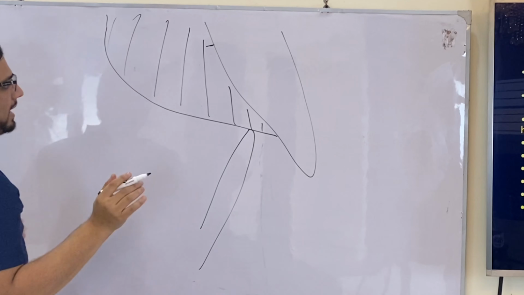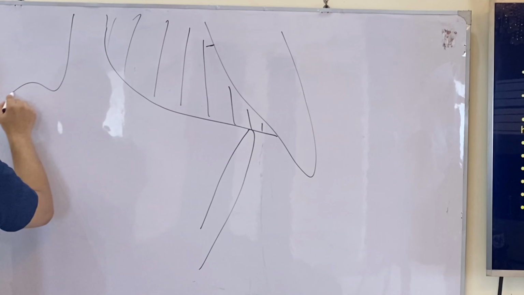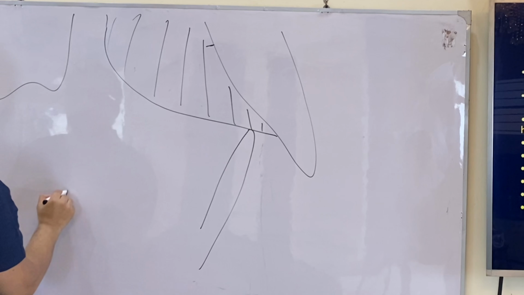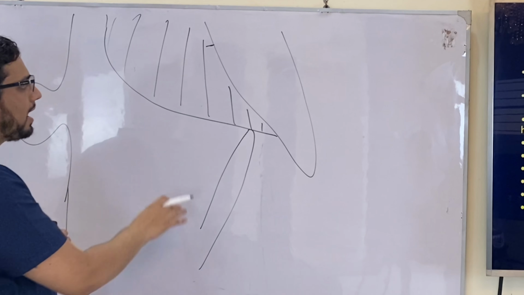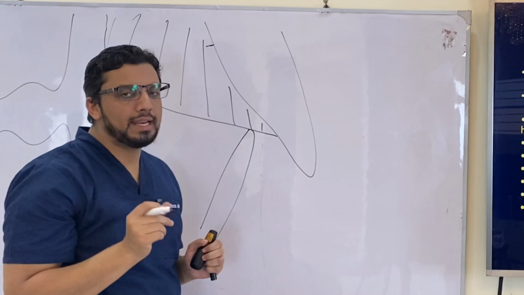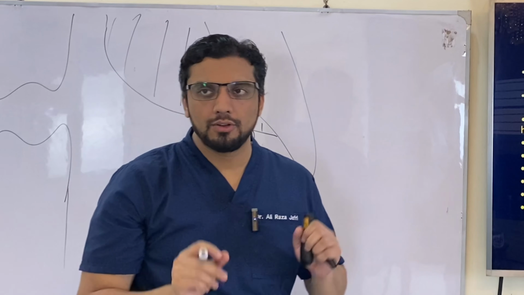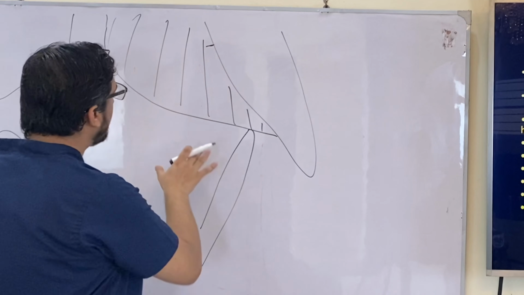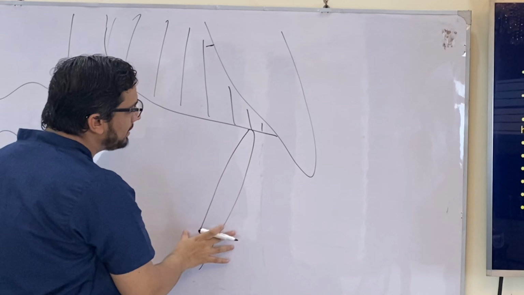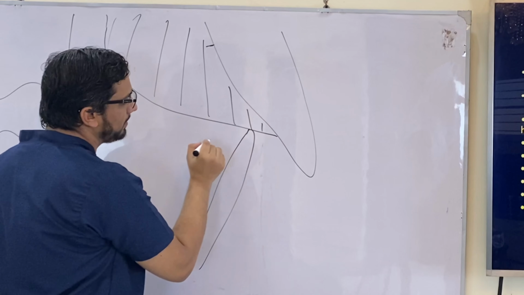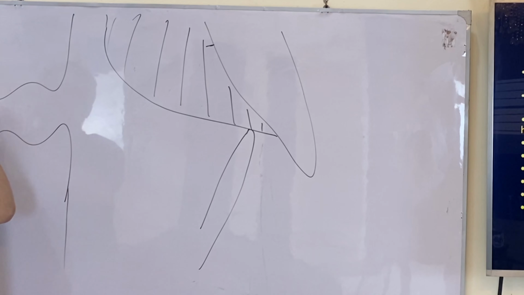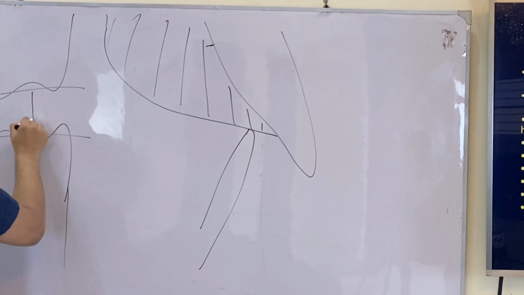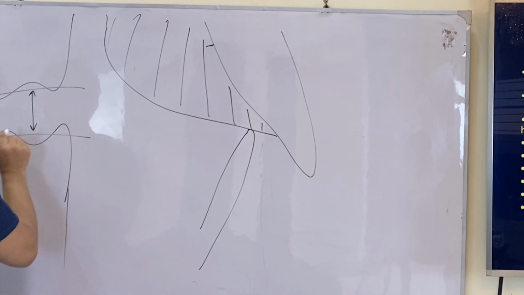With the removable appliance in place, the upper and lower teeth would be separated. When you wear this appliance, this acrylic or plastic component is touching the lower incisors, and this has created some gap between the upper and lower teeth.